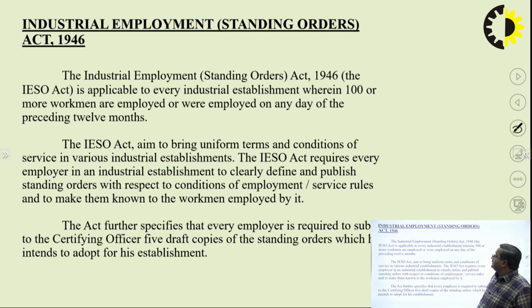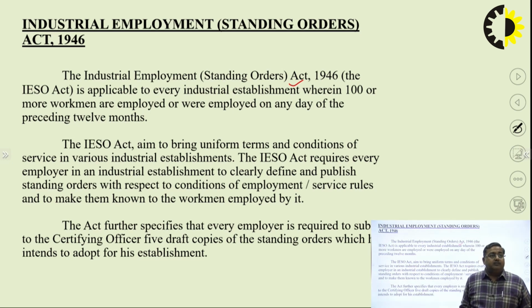Next, the Industrial Employment Standing Orders Act 1946. The Industrial Employment Standing Orders Act 1946 is applicable to every industrial establishment wherein 100 or more workmen are employed, or were employed on any day of the preceding 12 months.